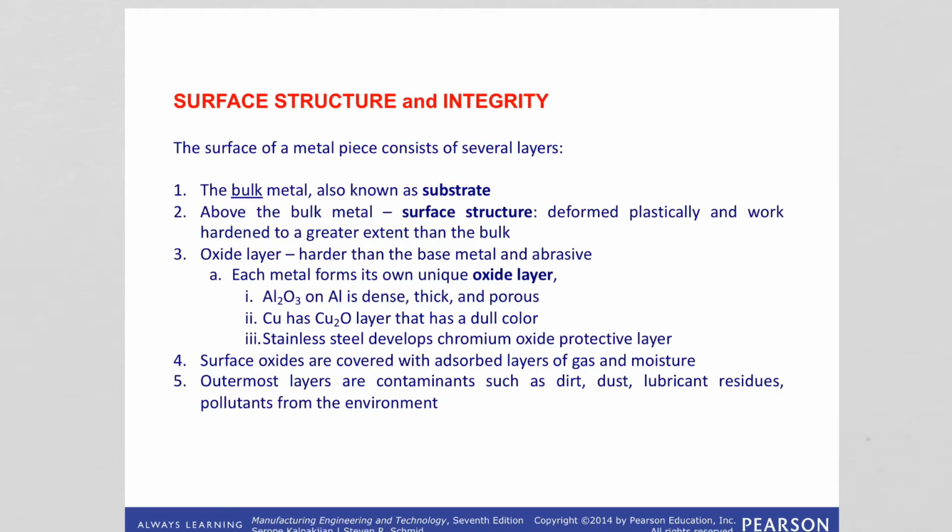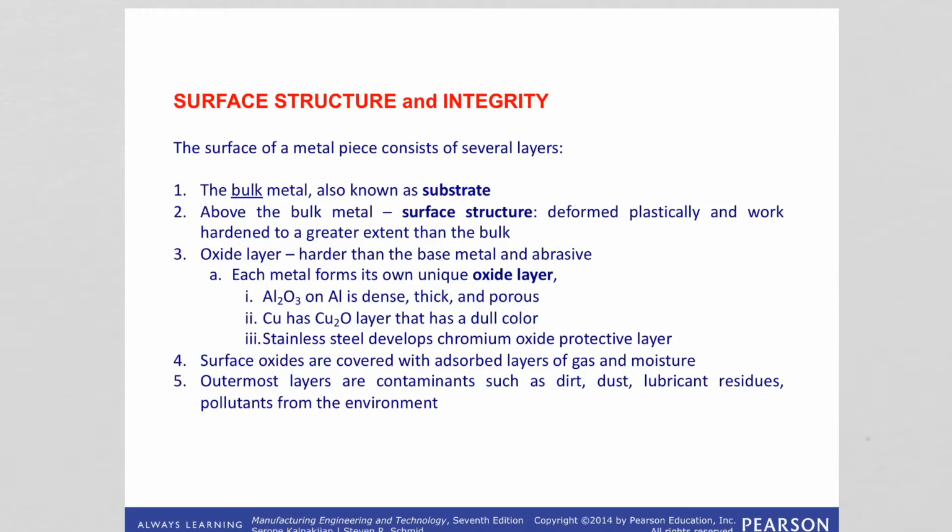A microscopic view of a part surface reveals its irregularities and imperfections. Upon close examination, it will be seen that the surface of a metal generally consists of several layers.